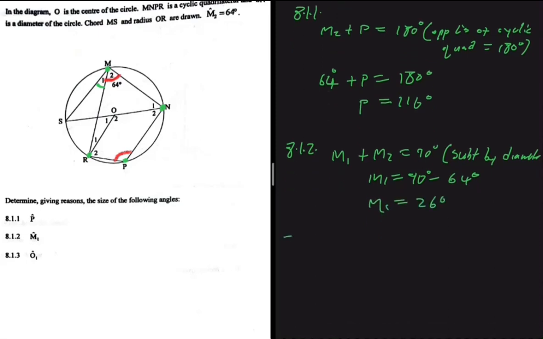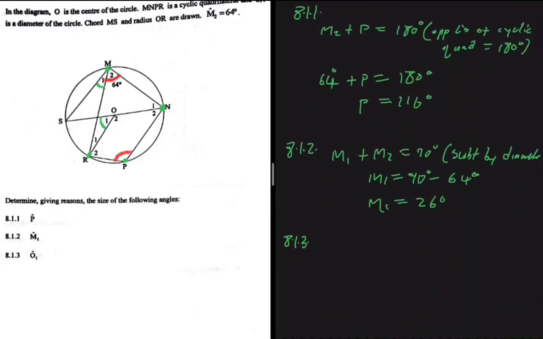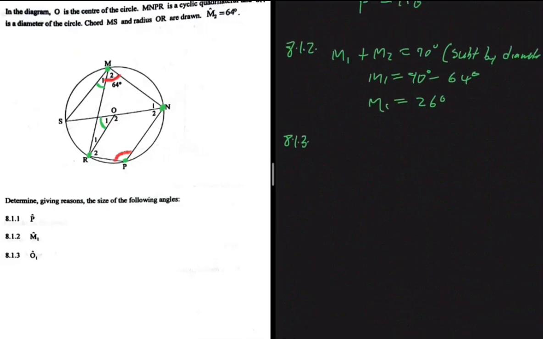And the last one, 8.1.3, we're looking for the size of O1. If we come to our keywords here, the only keyword that we have left is chord, but it won't help us much. What I want you to realize here is that O1 should be twice M1, because an angle at the center of the circle is twice the angle at the circumference if they are from the same arc.